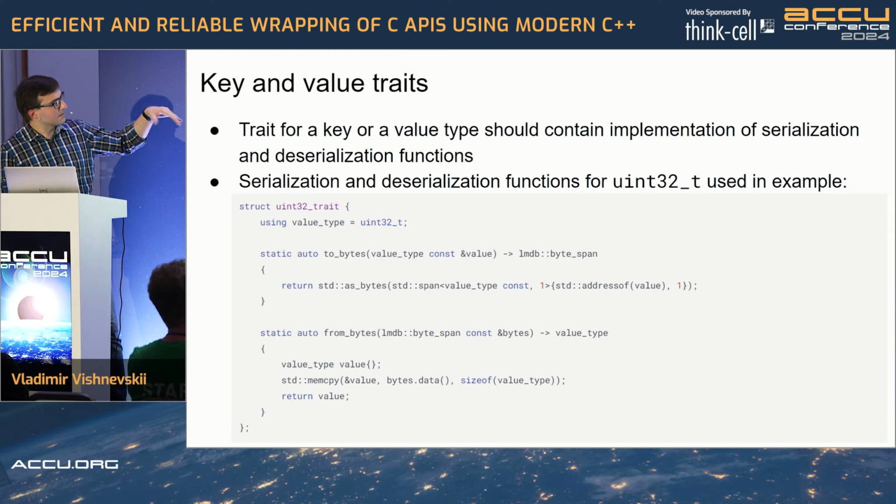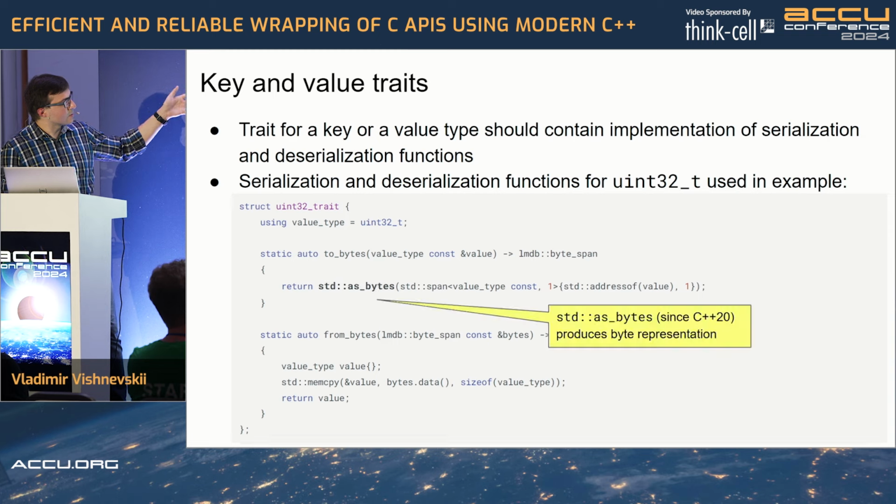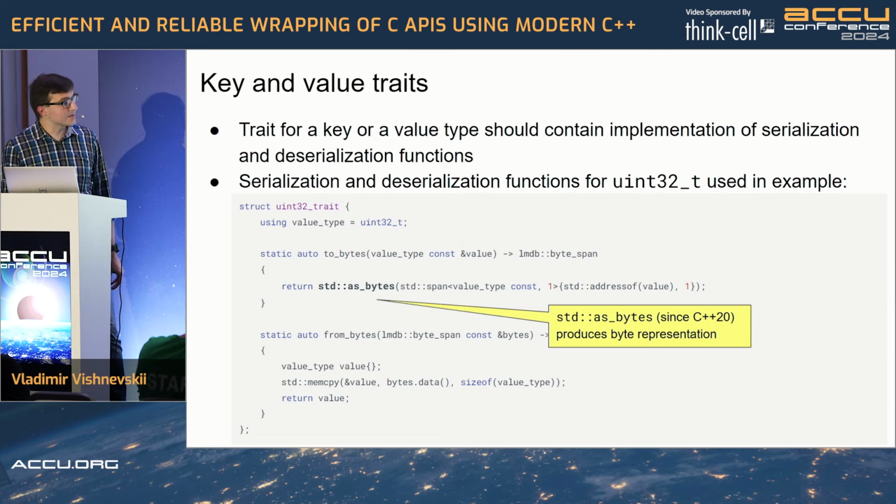That means that the client code that specifies those rules is not aware of the C abstraction here. To get the bytes representation, there is also a nice facility available in C++20: as_bytes converts the span to the byte span. This is convenient to get the byte representation of some object.